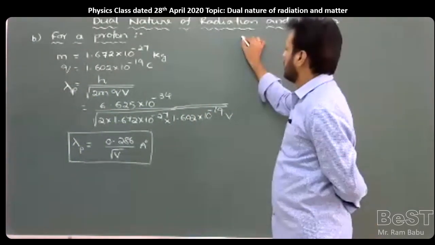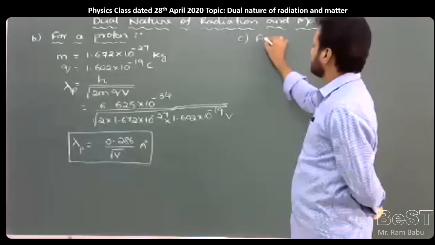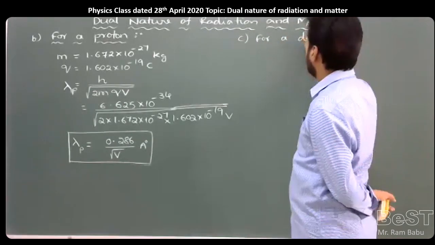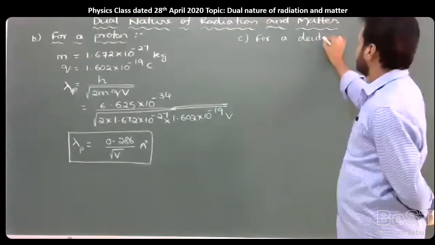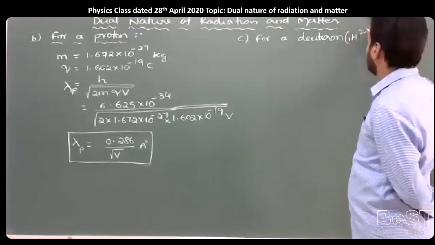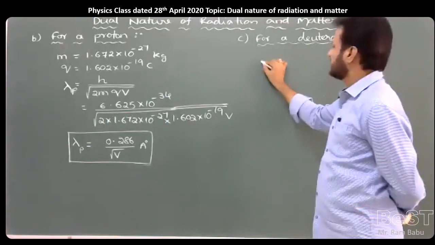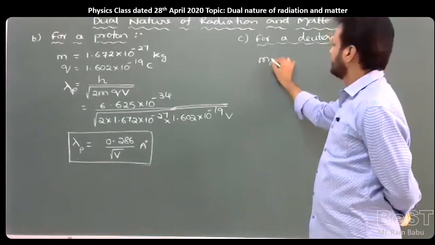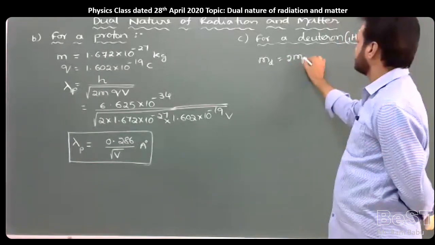In the same model, how to find the de Broglie wavelength of a deuteron? In case of the deuteron, you can write the 1H2 isotope of hydrogen. Here you should write the mass of the deuteron is equal to 2 times the mass of the proton.